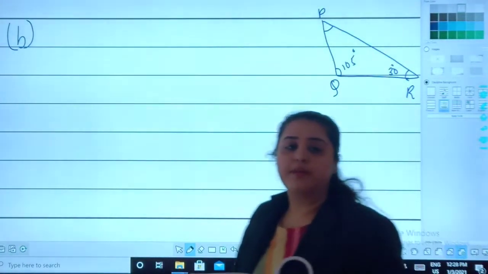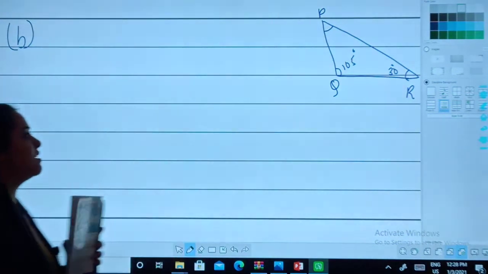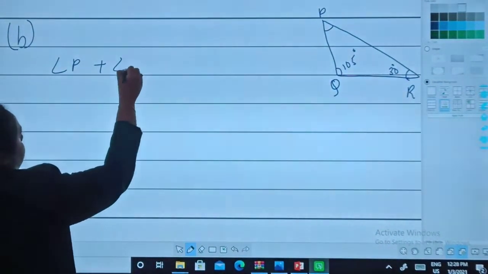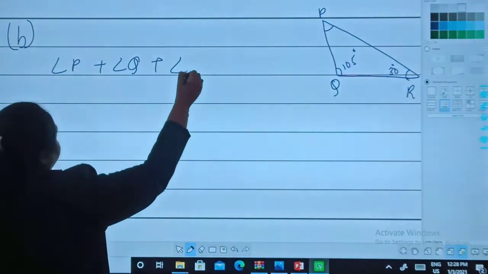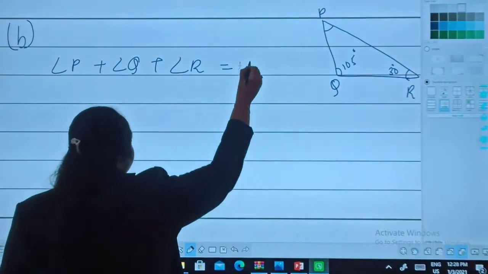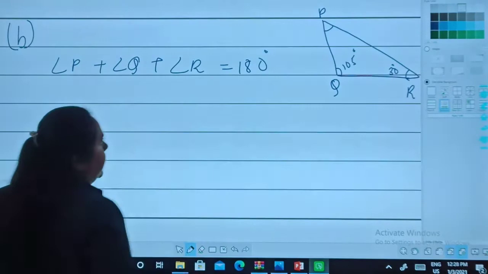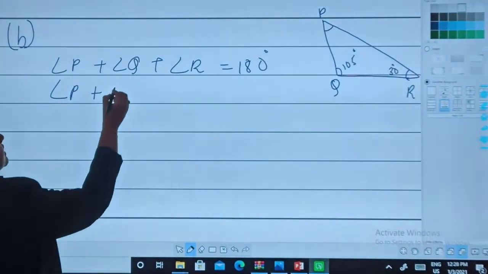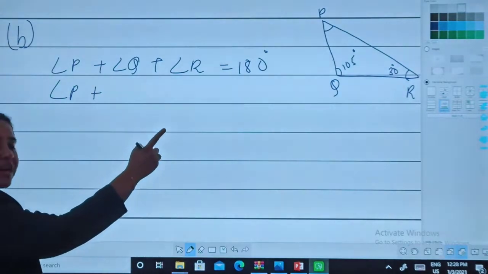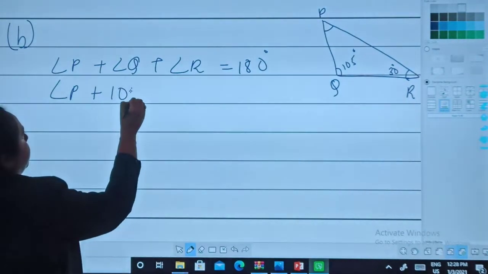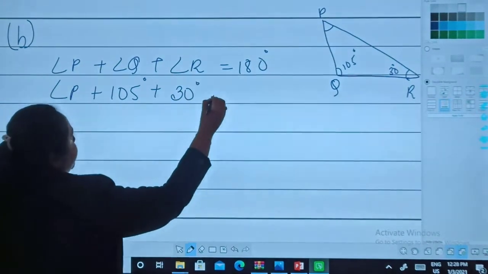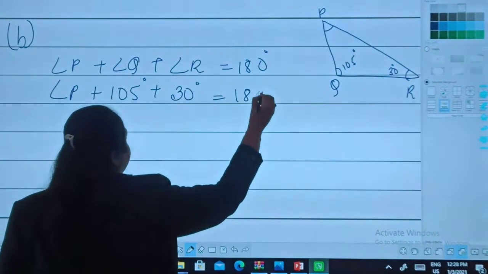So now I will be doing the addition part. Angle P plus angle Q plus angle R equals to 180 degree. Angle P plus angle Q is 105 plus angle R stands for 30 degree.